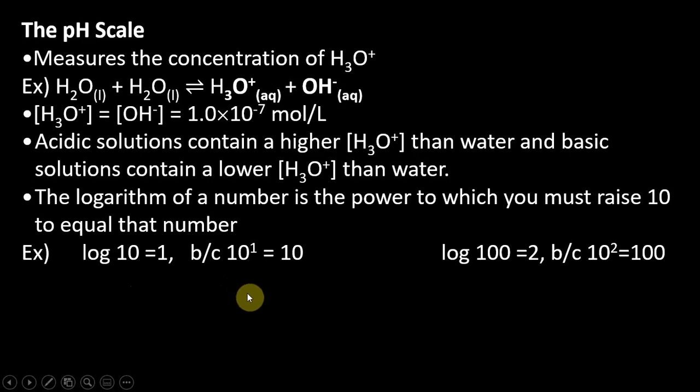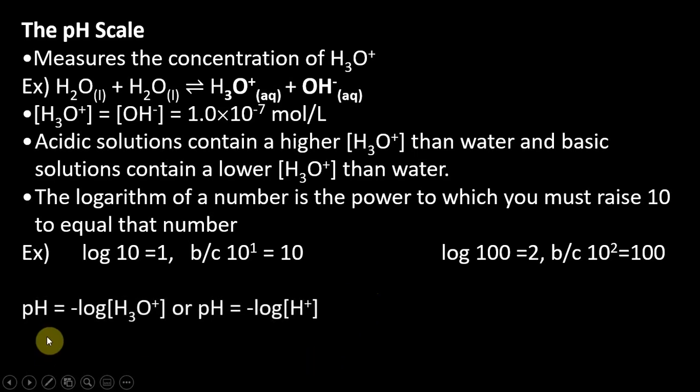And we use this particular scale to determine our pH, so that the pH is equal to the negative log of the concentration of the hydronium ion, or hydrogen ion, because, as I said, depending on which definition you're using, we can use either H plus or H3O plus.